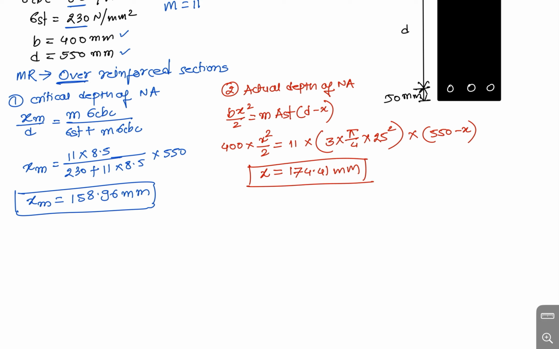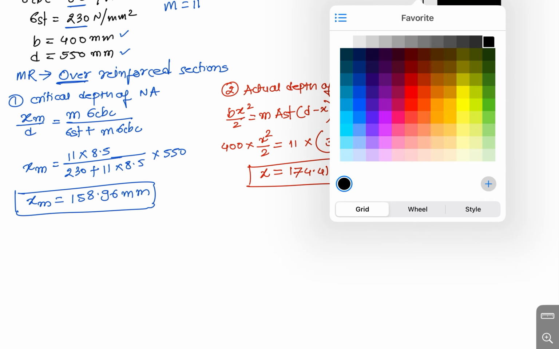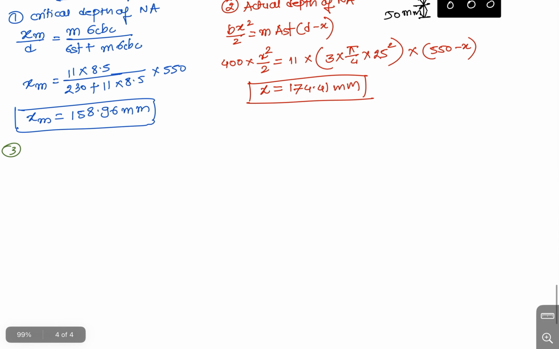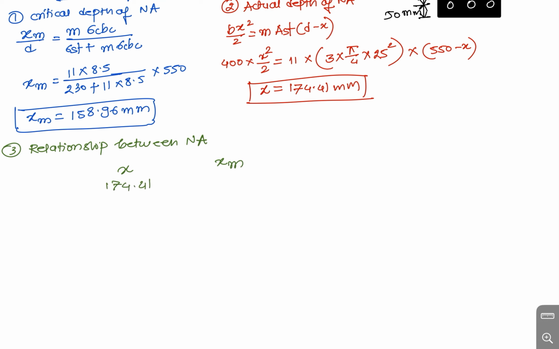In blue you have the critical one. Which is higher? We need to understand the relationship between the neutral axes, x and xm. x is 174.41 mm and xm is 158.96 mm.